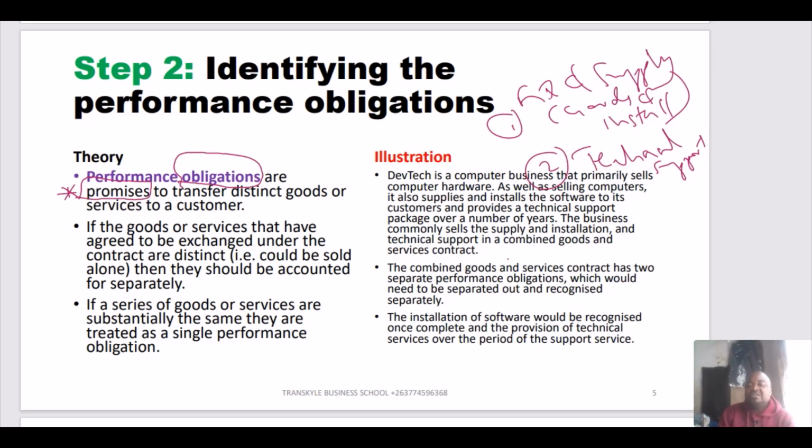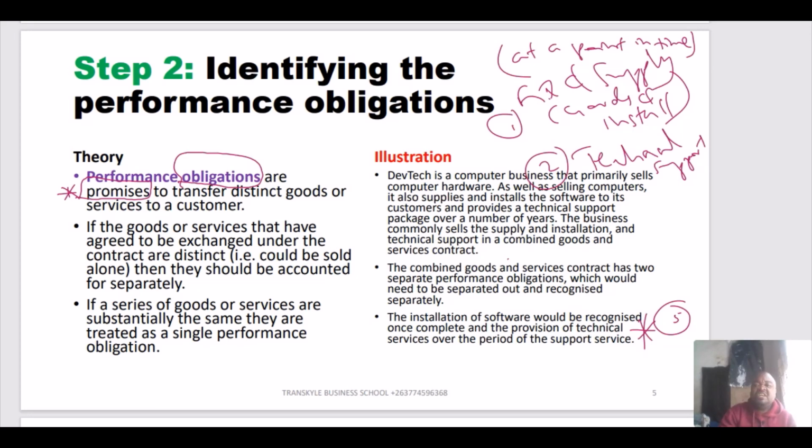Okay, so the installation of software would be recognized once complete, and the provision of technical support over the period. So we are almost at step number 5, where, for us to recognize the revenue, one of the obligations is going to have its revenue recognized at a point in time.